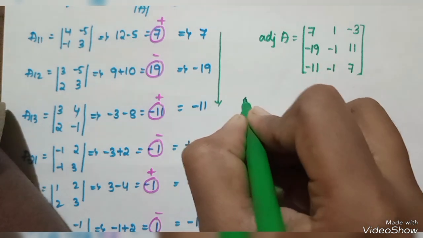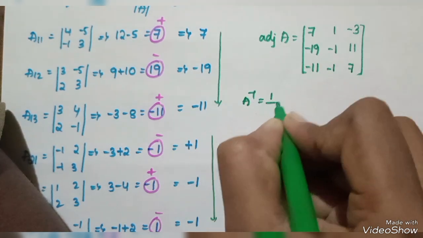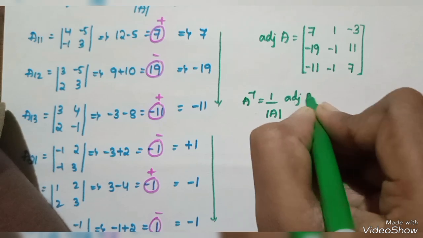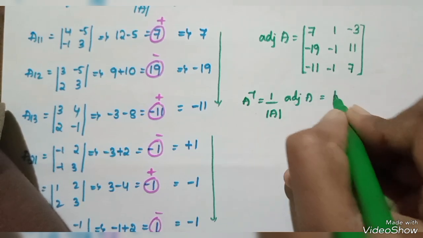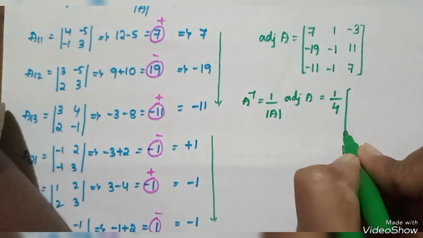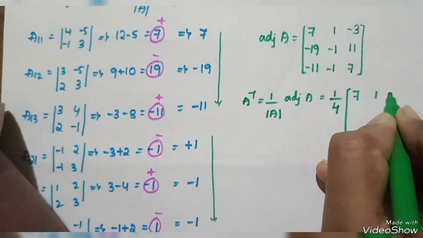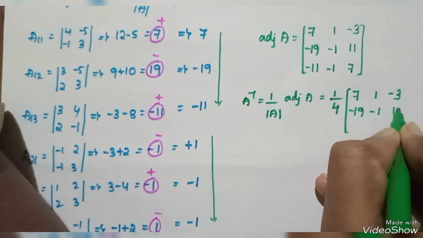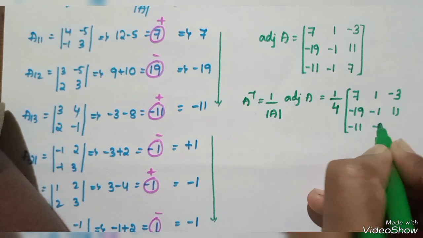Now we want A inverse, that is 1 by determinant of A into adjoint of A. It is 1 by 4, the determinant value, into the adjoint, that is 7, 1, minus 3, minus 19, minus 1, 11, minus 11, minus 1, 7.